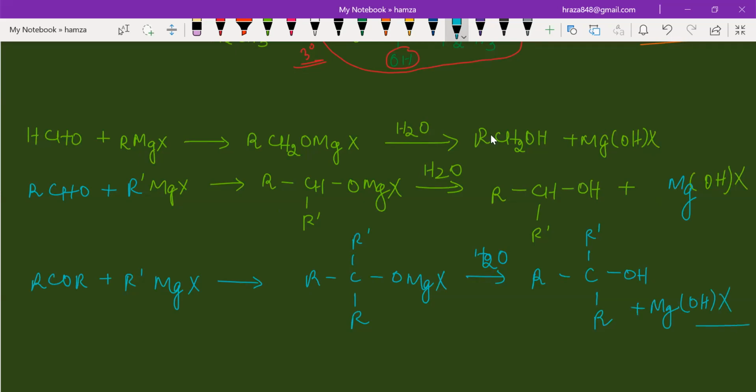Please write this. So you can see methanal will give a primary alcohol. Other than methanal, any aldehyde you use will give a secondary alcohol, and a ketone will give a tertiary alcohol.